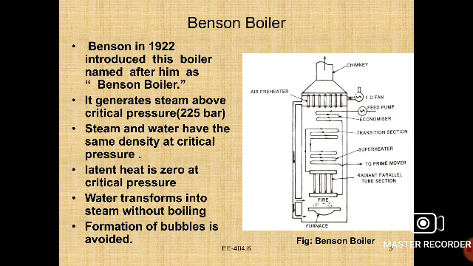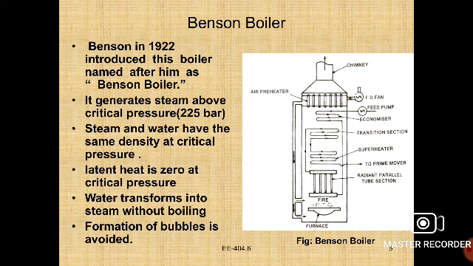Next, in the Benson boiler the drum is completely eliminated. It employs forced circulation, and steam is generated in a single pass. The feed water at high pressure is circulated through the economizer. The water is then pumped through the radiant parallel tube section to evaporate partly.